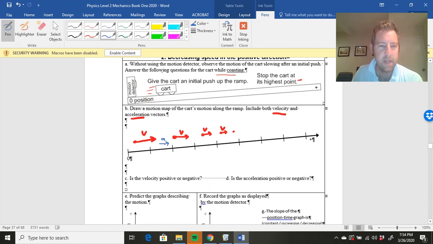This acceleration arrow would suggest that it's speeding up and this next velocity should be bigger. It's not, so we know that is not correct. Because this is slowing down and the velocity arrow is smaller, my acceleration arrow needs to be in the other direction.